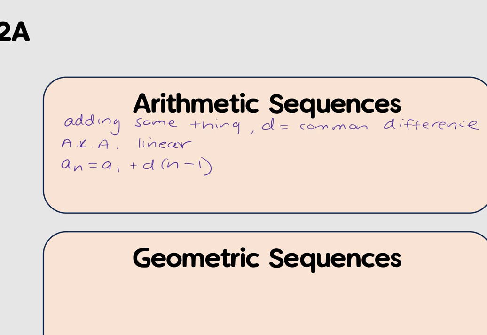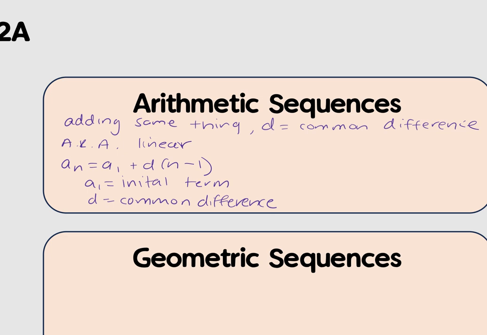All right. So in this equation, a1 is your first or initial term, and we know d is the common difference. The difference between linear and arithmetic is that a linear is literally a line, whereas arithmetic is a series of dots.